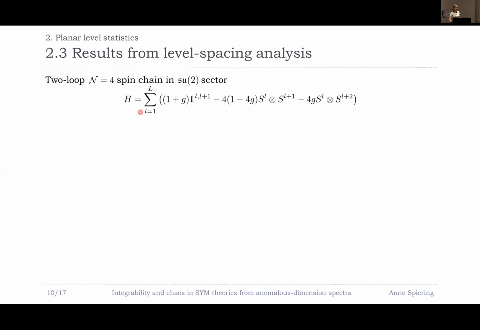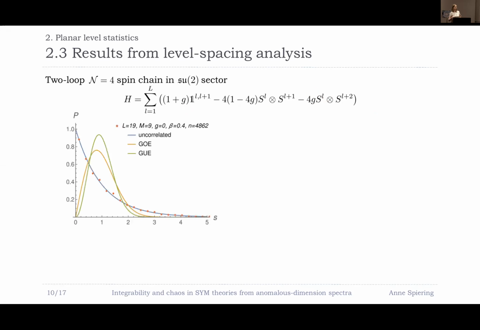And so this is the Hamiltonian to 2-loop order. G is just lambda over 16 pi squared. If you set G to 0, you just get the Heisenberg Hamiltonian. If you turn on G, it becomes a next-to-nearest neighbor spin chain. For G being 0, of course, we expect integrability, and this is what we find. The spectrum is well described by this Poisson distribution.